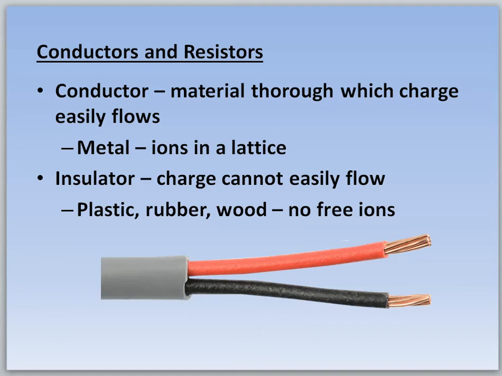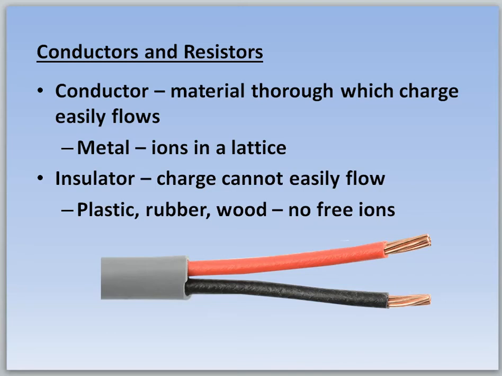Insulators are materials where electrons do not flow easily, and that's things like plastic or rubber or wood, because there are no free electrons, and their atomic structures are very stable.